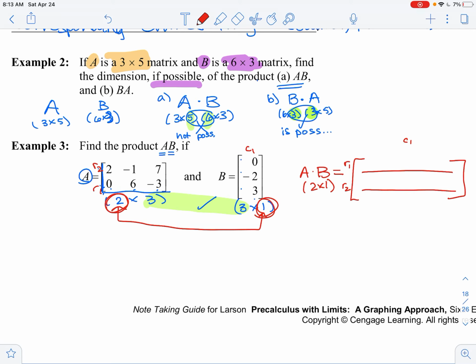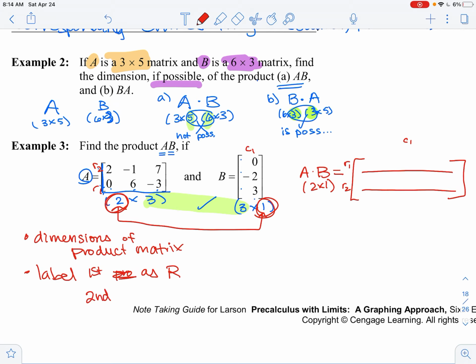So we're going to, number 1, find the dimensions of the product matrix, and you're going to label the first matrix as the row matrix, and you're going to label the second matrix as your columns matrix, as well as your product matrix.